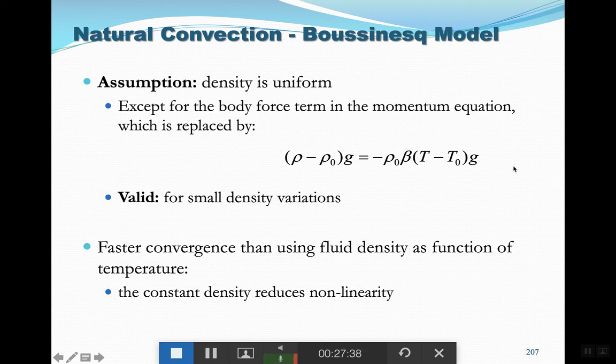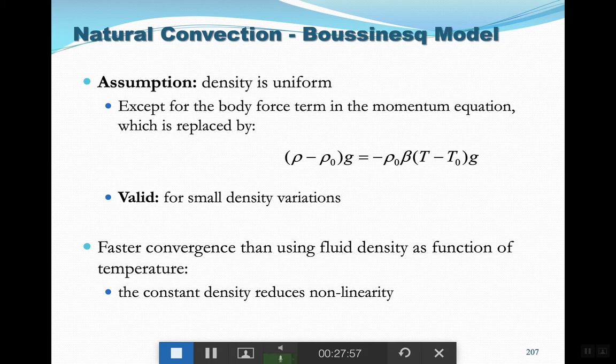So in Ansys or any other software, you have two options. One, assuming density is a function of temperature and solving that, but that would be a bit difficult, though not impossible. The other way is using the Boussinesq model.